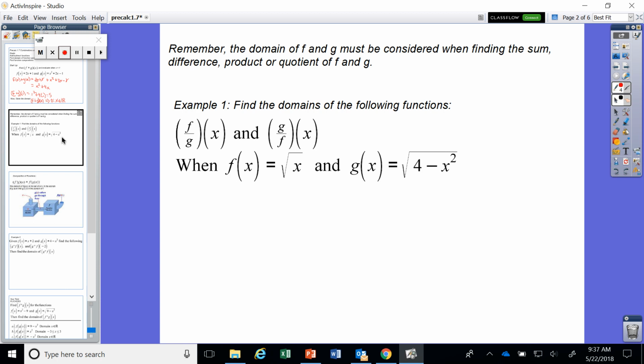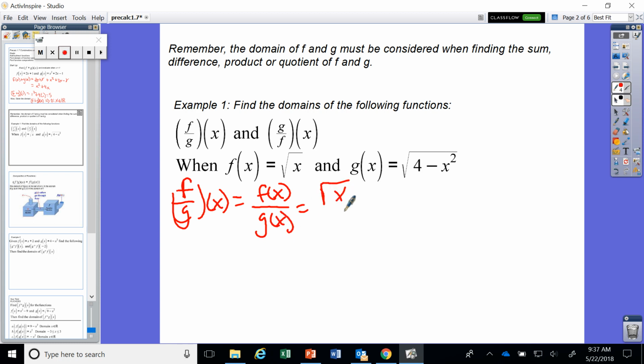So let's take f over g of x. f over g of x is just the division of f of x over g of x, or in this case, root x over the root of 4 minus x squared. As you look at this function, there's not a whole lot we can do.